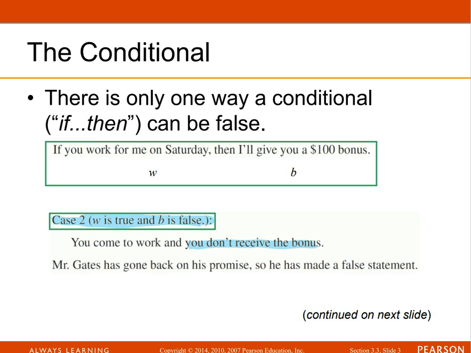He said, if you come to work for me on Saturday, then I'll give you a $100 bonus. You came in to work on Saturday, that's the true right here, but he did not give you the bonus, and that's a false. And that should make you mad. And so therefore, if true, then false would be the false.